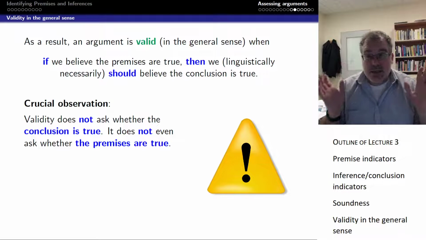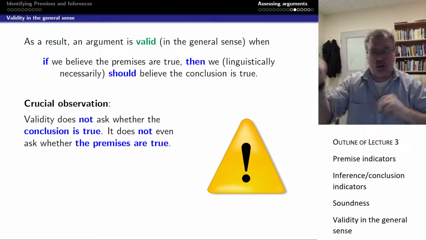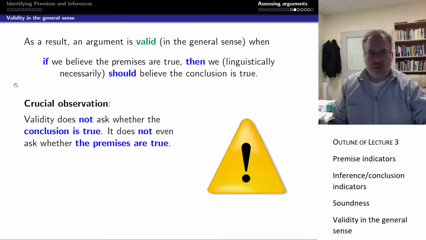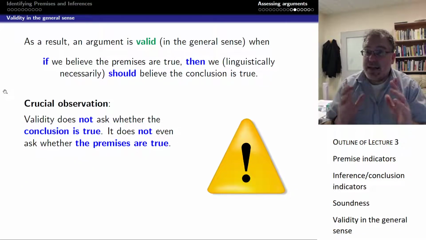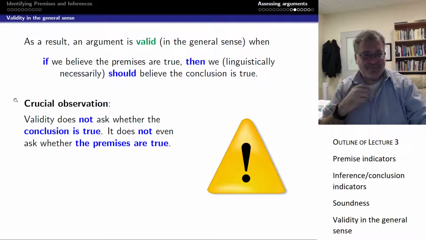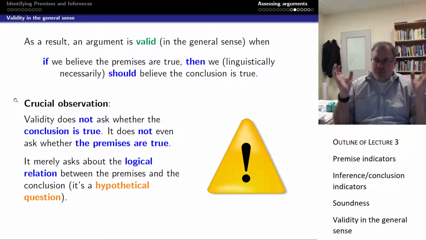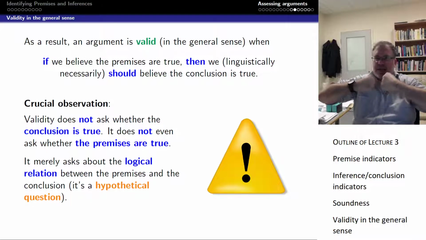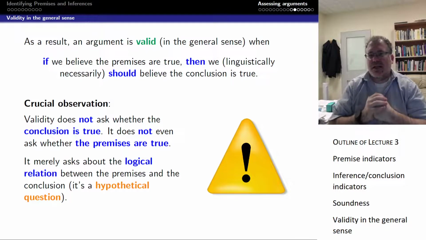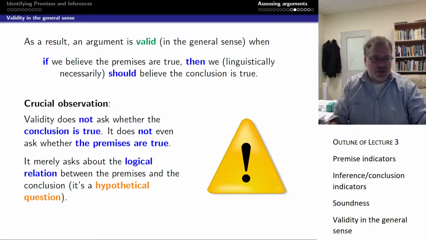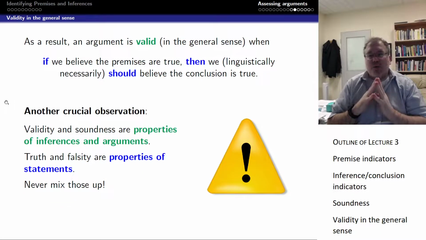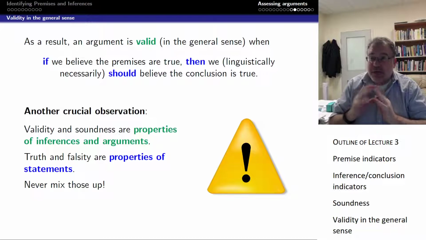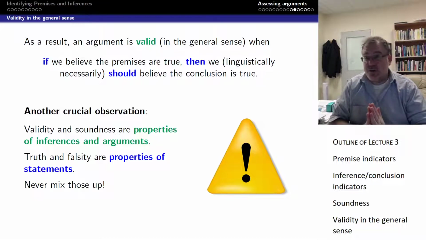And notice that it's possible to have that connection even if the premises and the conclusion are both false. Remember again the example about the moon being riddled with holes and made of Swiss cheese. So what we're really asking about is just how tight is the connection between the premise and the conclusion. It's a hypothetical question.